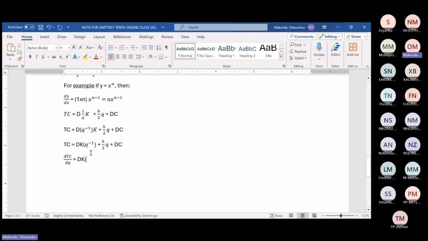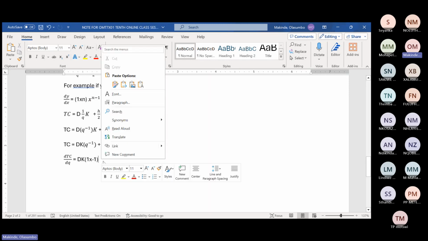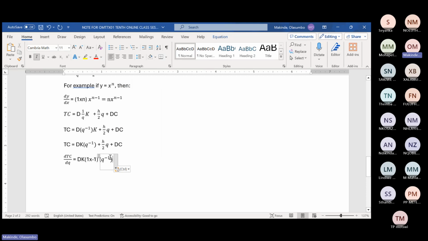This will give you the coefficient, 1, times the value on top, minus 1, so minus 1 times minus 1, then Q raised to power minus 1 minus 1, following the same principle as the dy/dx differentiation of x raised to power n.